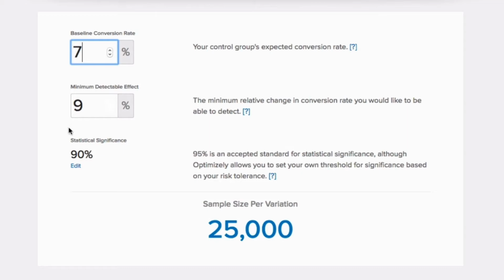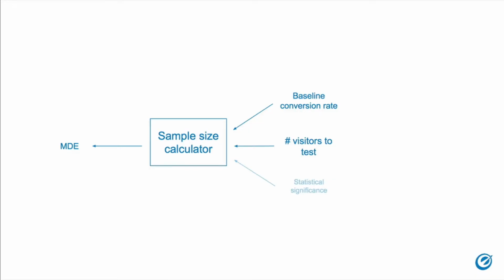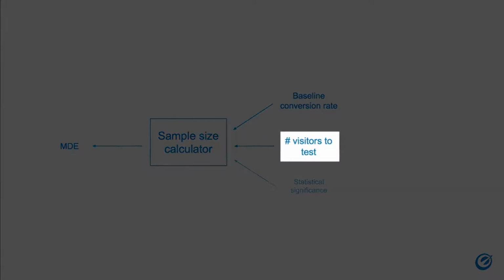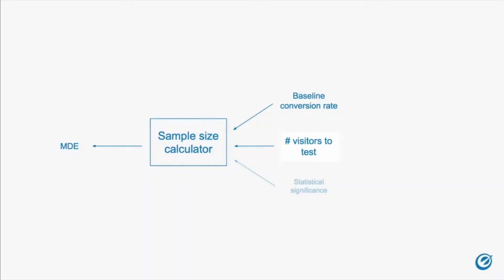Now for the more difficult part, the minimum detectable effect. If we knew how much of a difference we should expect, for example 10%, then we would have to type this into the calculator and see how many visitors per variation we need to detect that difference. Instead, let's look at it from the other direction. Let's see how many visitors we have to that page per week to test on.